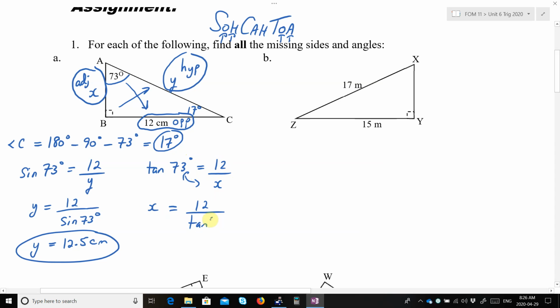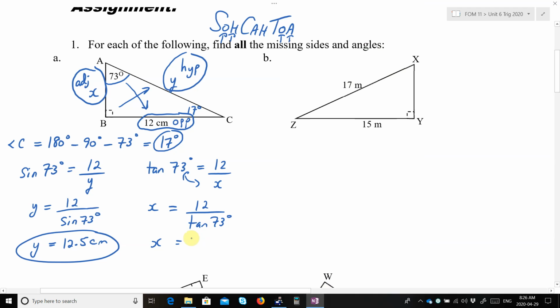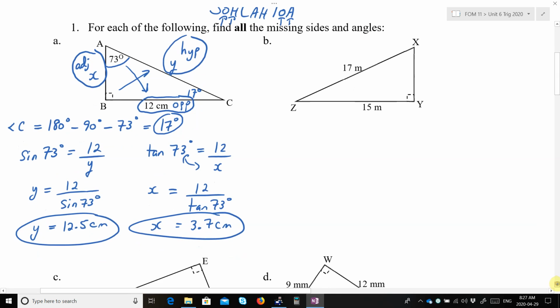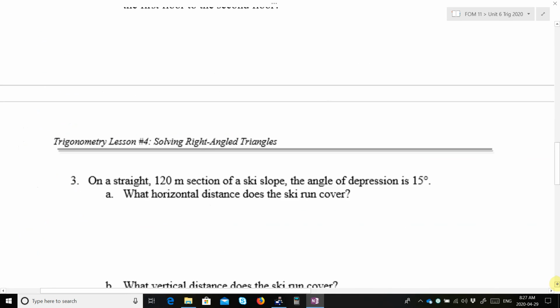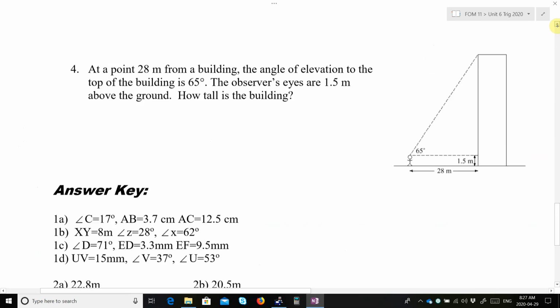So x is equal to 12 divided by tan 73, and we get 3.7. So we got 17 degrees, 12.5, and 3.7. Let's go check the answer key really quick. There we go, 17 degrees, 3.7, and 12.5.